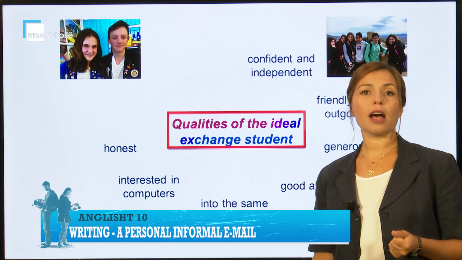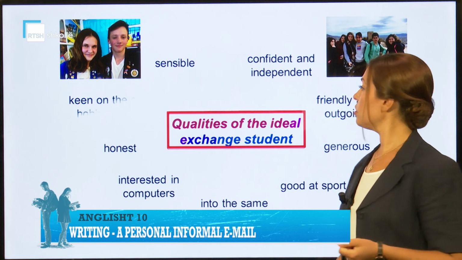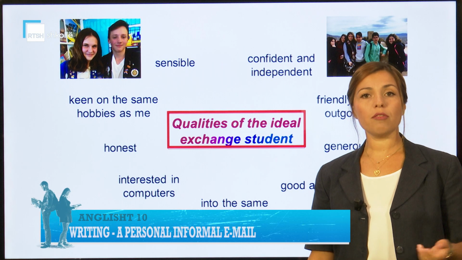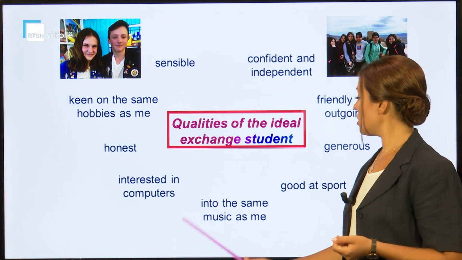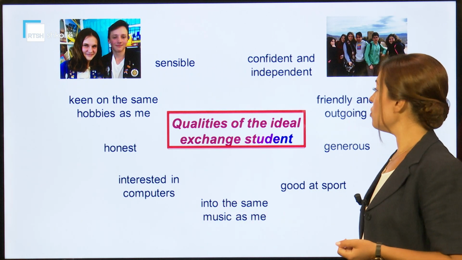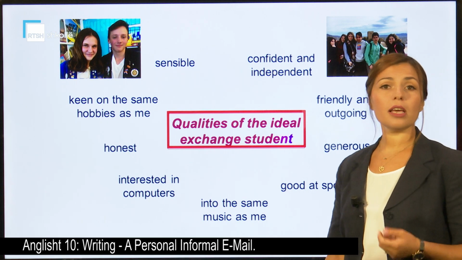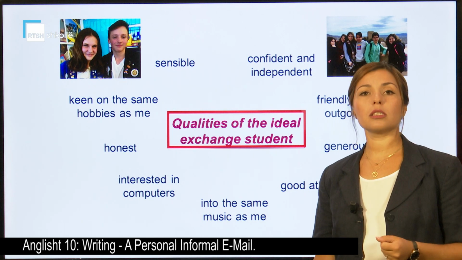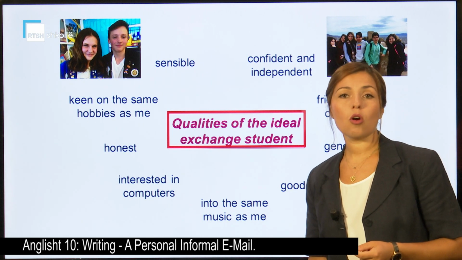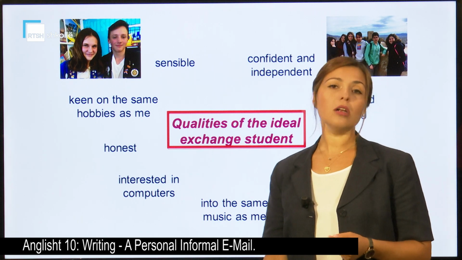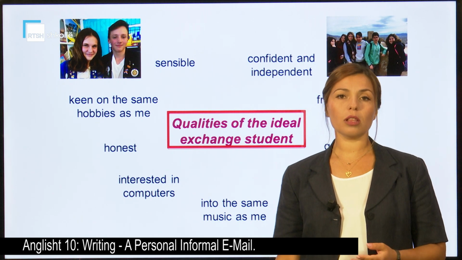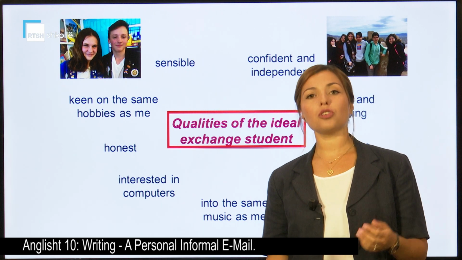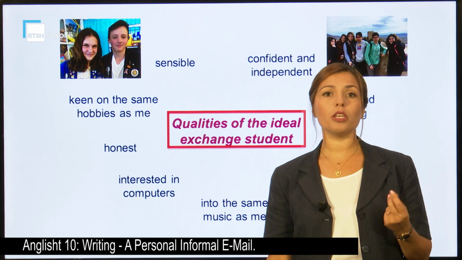For example, we would like this student to be sensible or honest, to share the same interests with us, to be interested in computers, maybe to be friendly, outgoing like we are, to be good at some specific subjects. But this depends on what we are, what we like, and how we would like this exchange student to be. So maybe to share the same interests as we do.